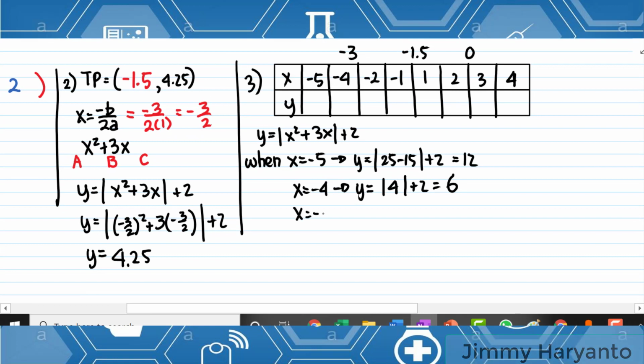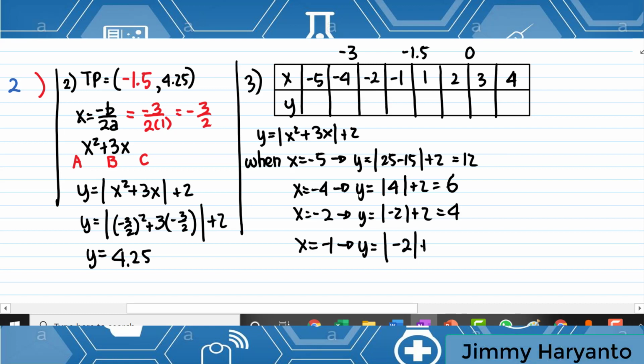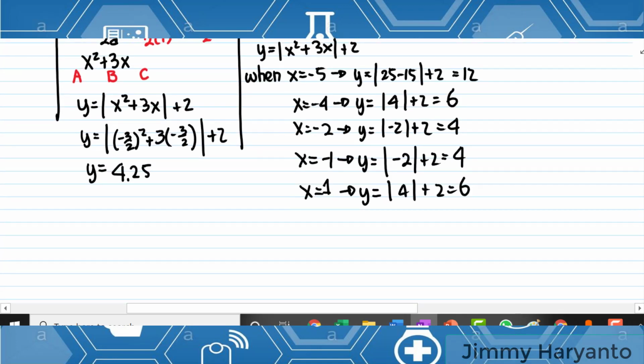And then x equals to negative 2, y will be 4 minus 6, negative 2, absolute value 2 plus 2 equals to 4. x equals to negative 1, y will be 1 minus 3, negative 2, plus 2 also 4 ya, and then x equals to 1, sekarang, y equals to 4 plus 2 equals to 6, is already symmetry ya, symmetrical.